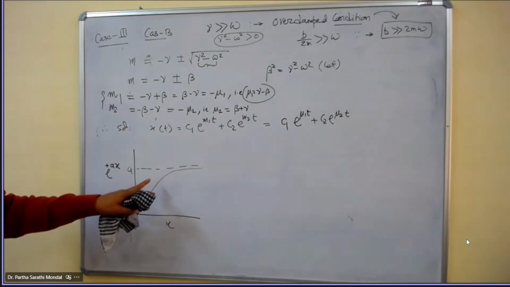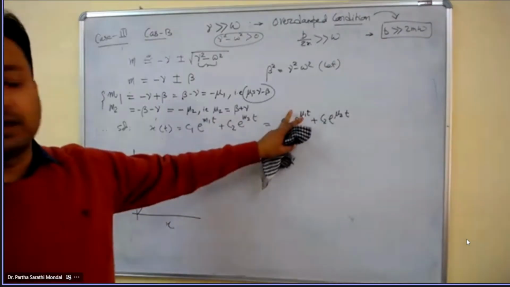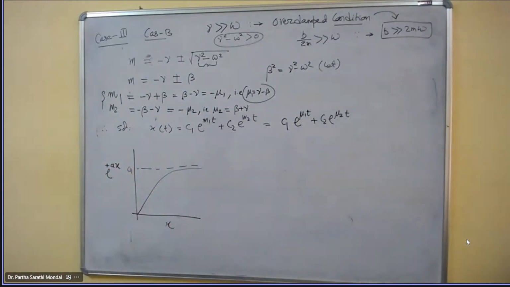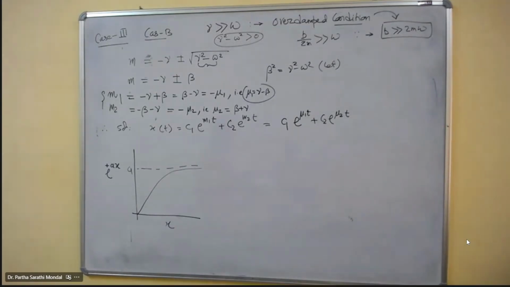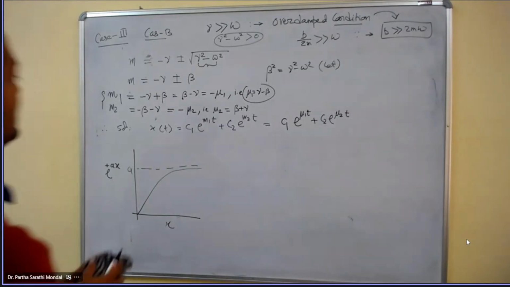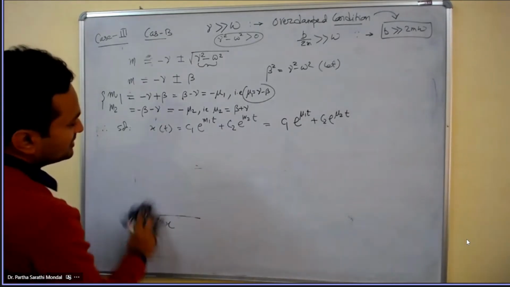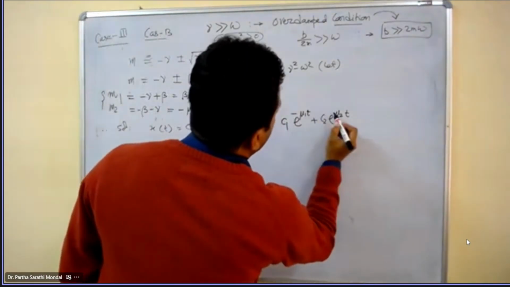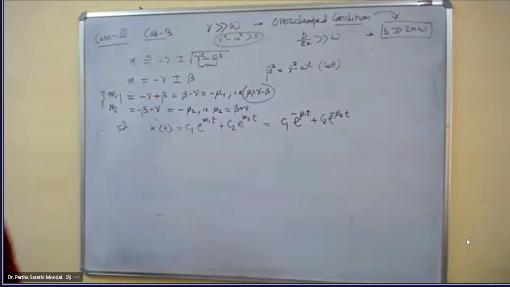Yes, sir. So if I put plus here, then because of damping the amplitude of oscillation would keep on increasing. It would not be a good representation. That's why we are making this one negative. Otherwise, you cannot explain that damping will decrease the motion.